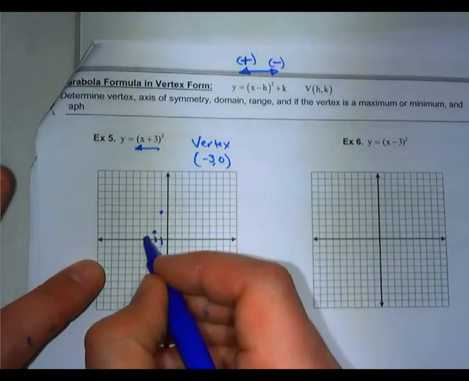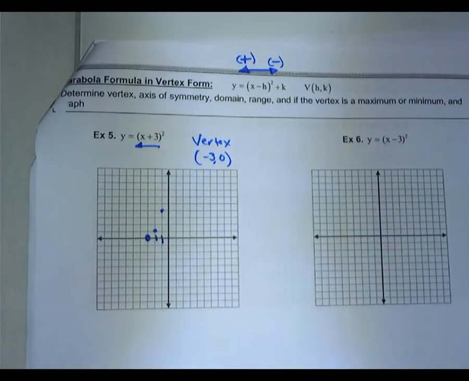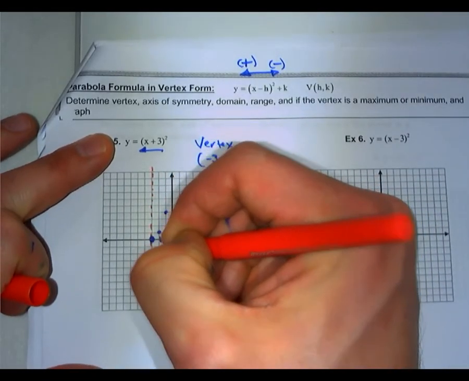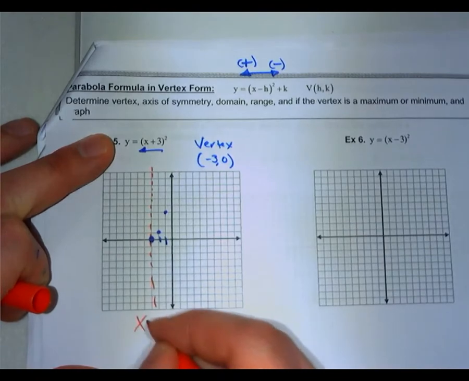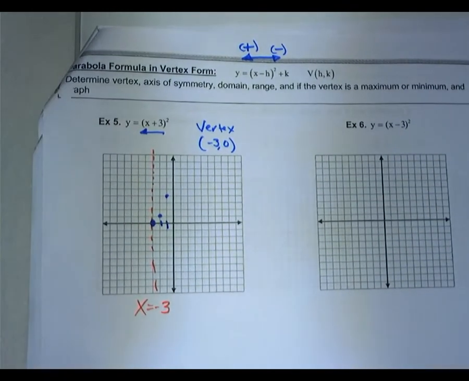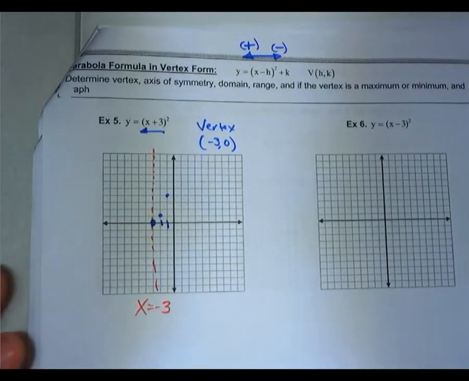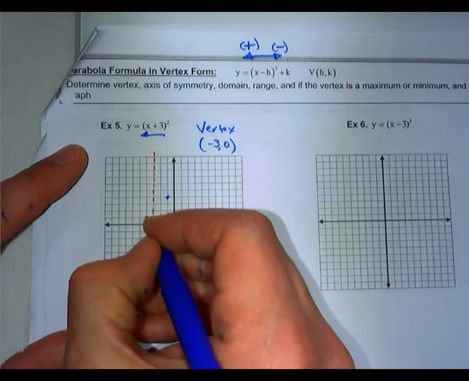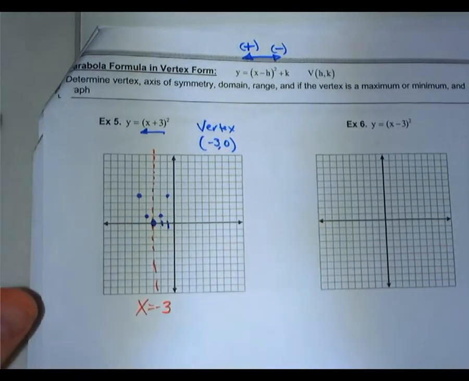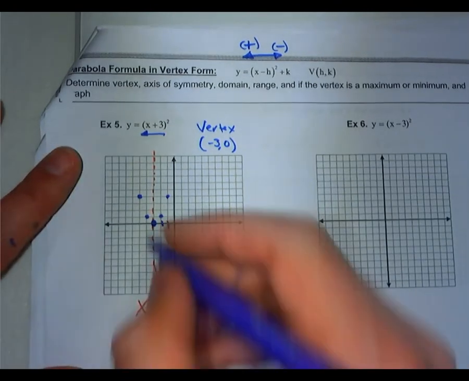So again, over 1, up 1. Over 2, up 4. There's also that axis of symmetry now. It's symmetric. That's at x equals -3. And if you have 2 points on the right, we can reflect those over and get the 2 points on the left. It's symmetric. So it follows that same pattern, over 1, up 1, over 2, up 4.